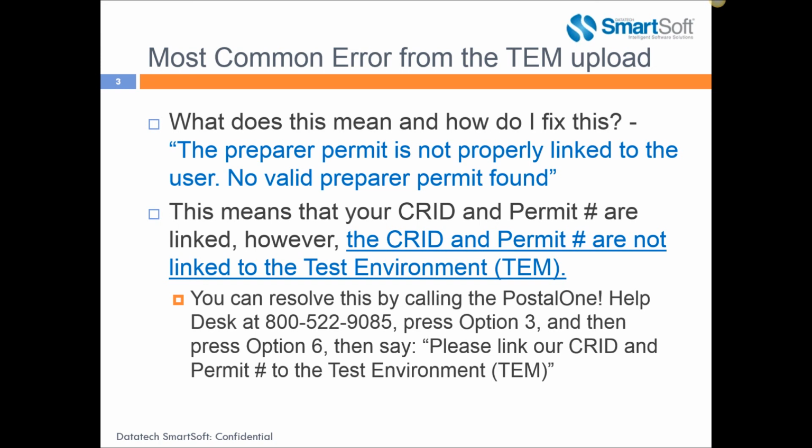You can resolve this by calling the Postal One Help Desk at 800-522-9085. You will press option 3 and then option 6. You're going to ask to please link our CRID and permit number to the test environment. Once this is complete, you re-upload, revalidate your list, and you'll get a complete message, and then you're ready to upload it.